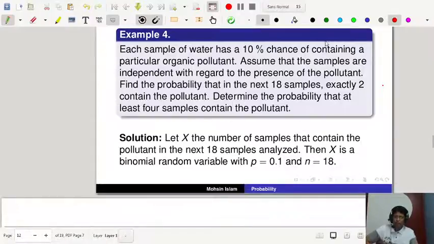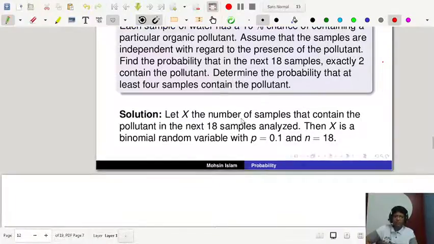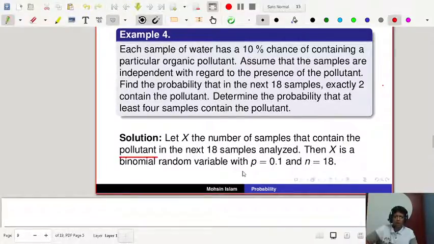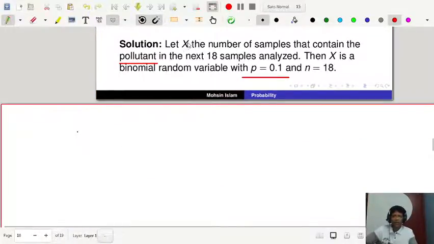So in this problem, let me analyze. Let X be the number of samples that contain the pollutant in the next 18 samples analyzed. Your chance is 10%. So what is the probability of success? The probability of success is given by 10 by 100, that is equal to 0.1. And what is n? n is equal to 18. Now exactly 2 contain the pollutant. X is already defined.